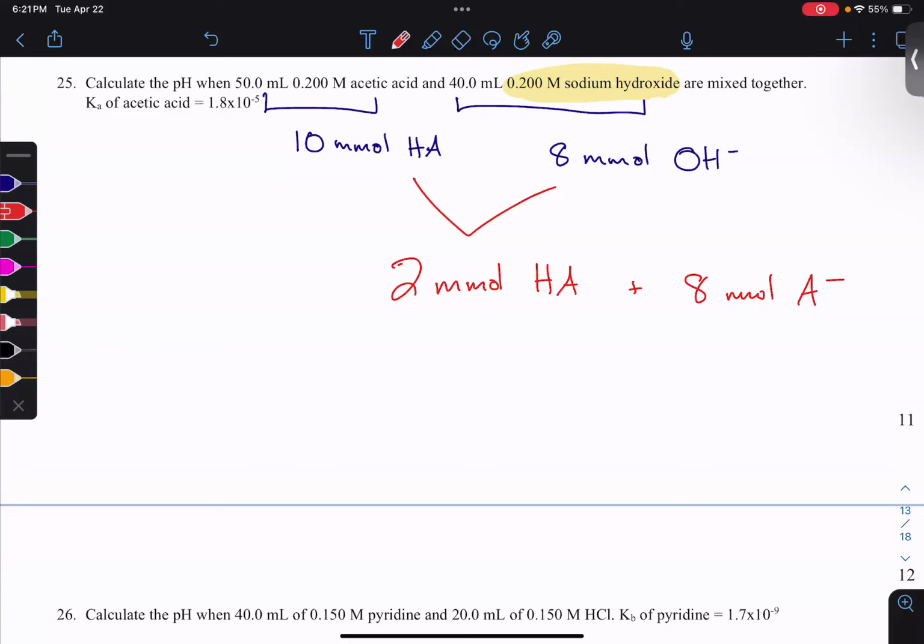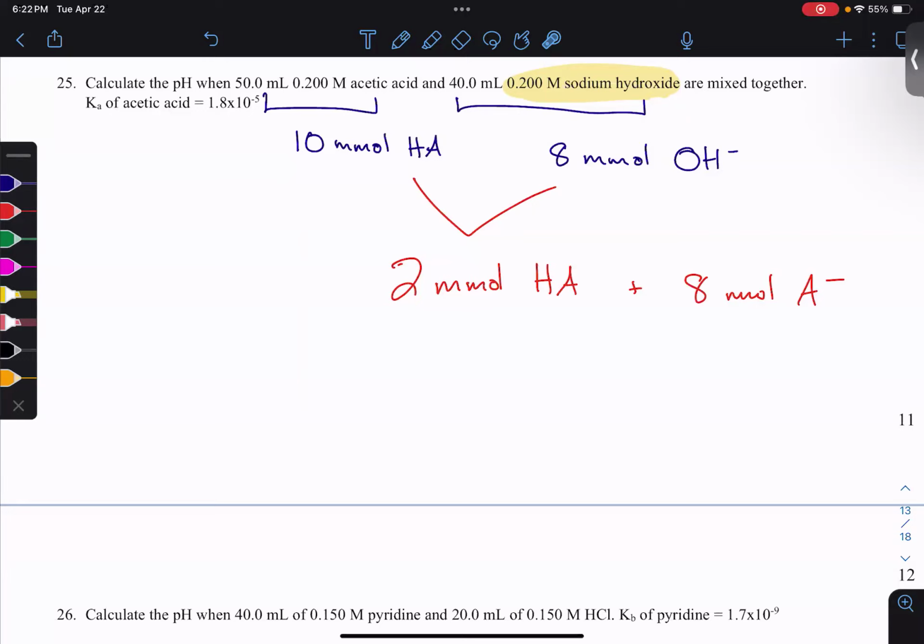So the question is, when you do the Henderson-Hasselbalch equation, what ratio do you use? Do you do 8 over 10? Nope, you do 8 over 2, because the Henderson-Hasselbalch equation is base over acid, but is it whatever base and whatever acid you want? No, it has to be the base and acid of the same system. It has to be acetic acid and its brother or cousin, sodium acetate.